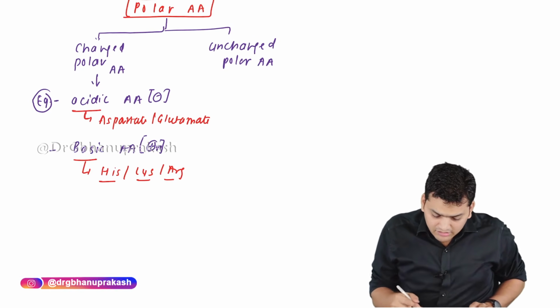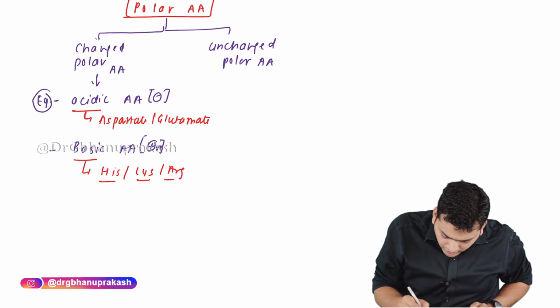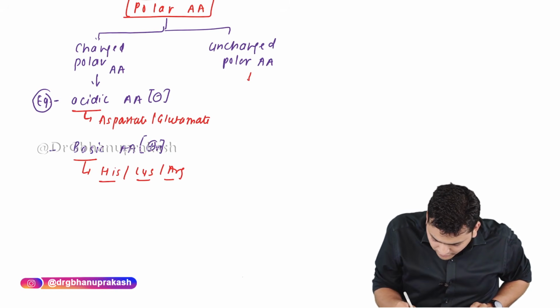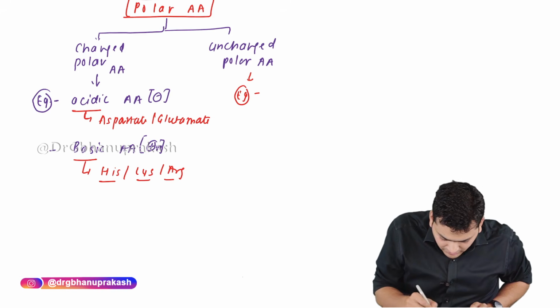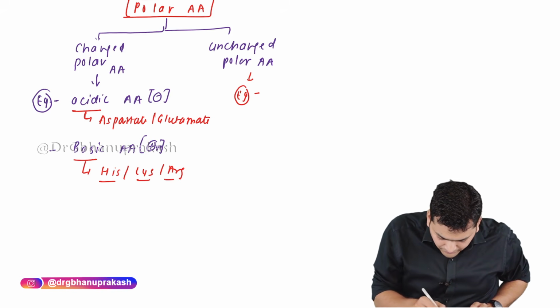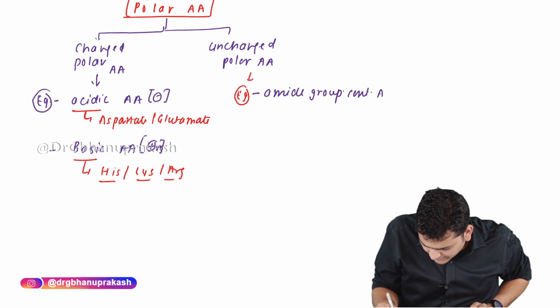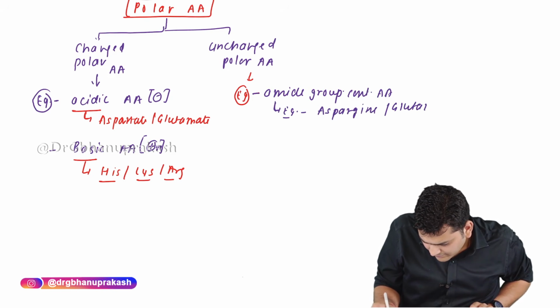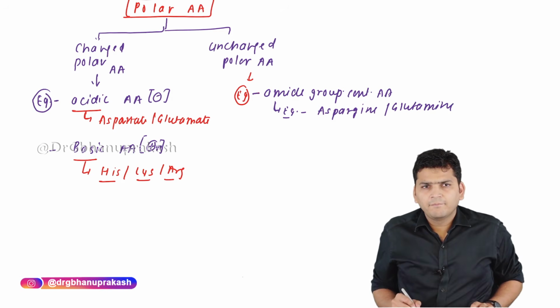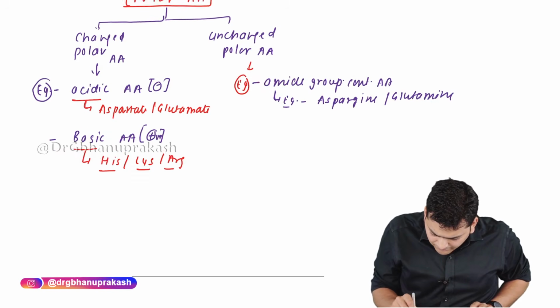If they say uncharged but polar, the examples are going to be the amide group containing amino acids, and they are asparagine and glutamine.